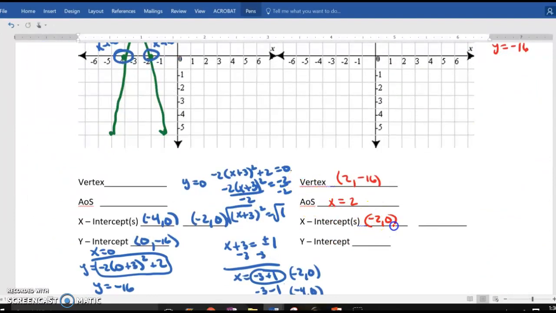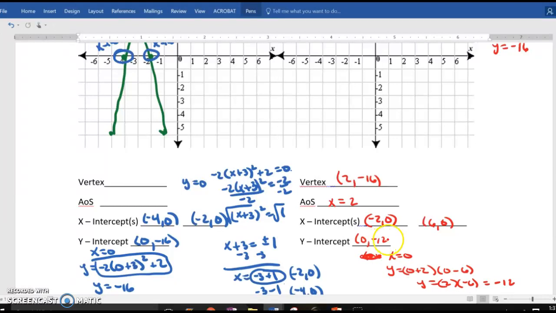Negative 2, 0, remember these are ordered pairs, 6, 0. And to find the y-intercept, we're going to let x equal 0. So y equals 0 plus 2 times 0 minus 6. So 0 plus 2 is 2. 0 minus 6 is negative 6, which gives me negative 12.